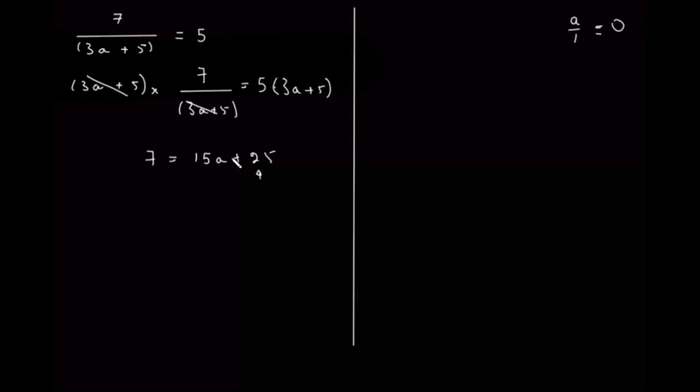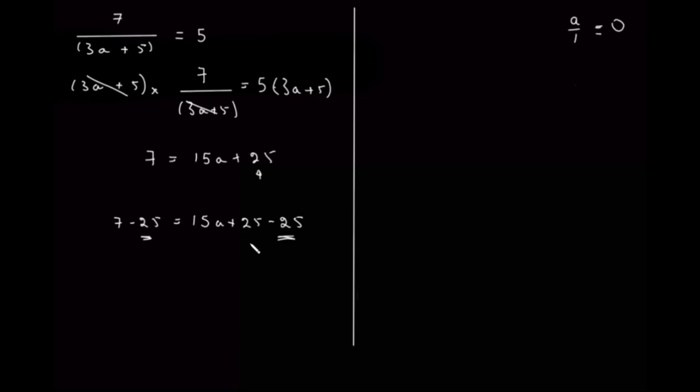So we need to subtract, do the opposite sign of that, 25 from both sides. So we end up with 7 minus 25 equals 15A plus 25 minus 25. See, we've subtracted 25 from both sides.